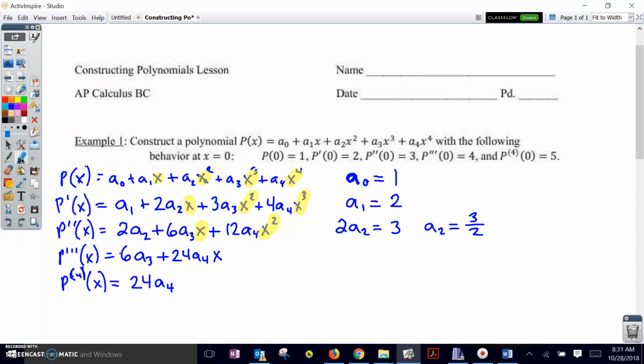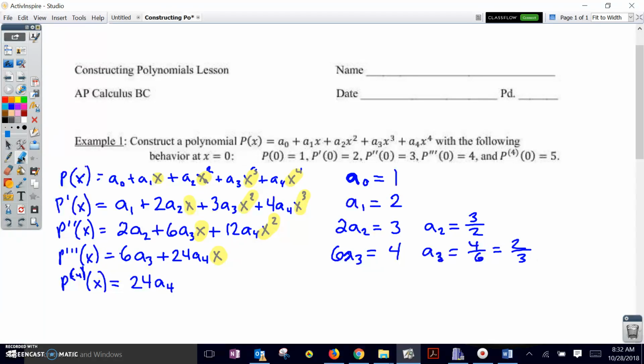Do the same thing for the third derivative. We'll put 0 in here for x, and that tells us that 6a sub 3 needs to be equal to 4, and so a sub 3 is going to be equal to 4 over 6, or 2/3.